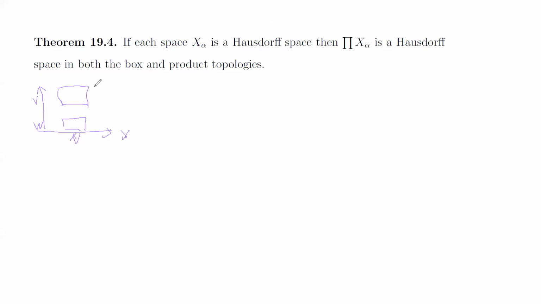So all we need to do is find at least one coordinate x alpha which is different from y alpha, for the two points x and y in the product space. Then we can find two open sets containing them, and then they're disjoint. Then that's the proof, right?